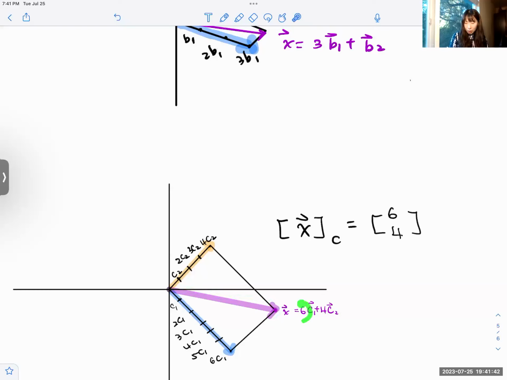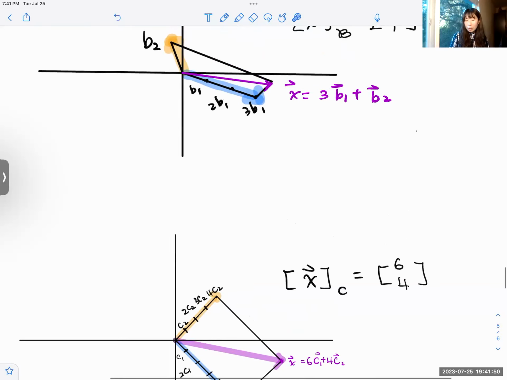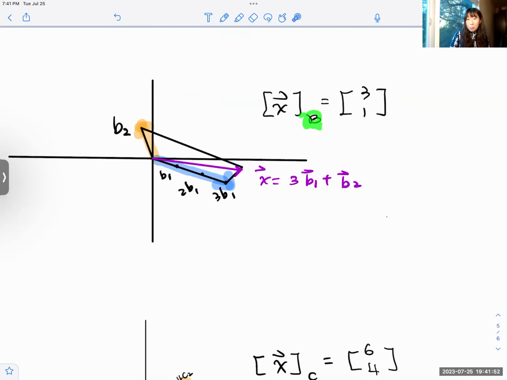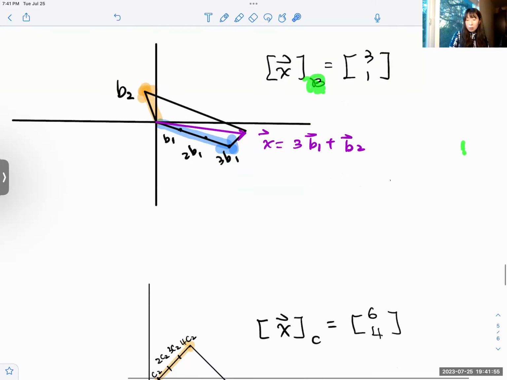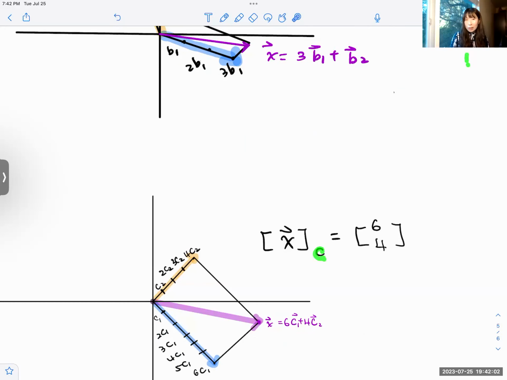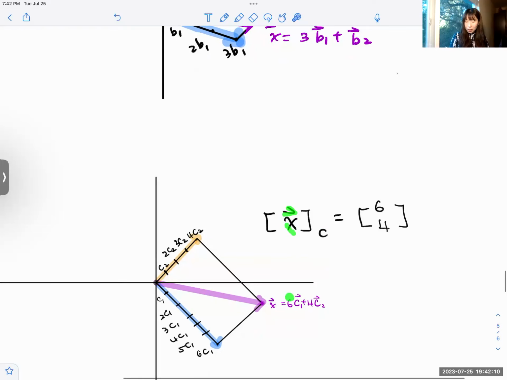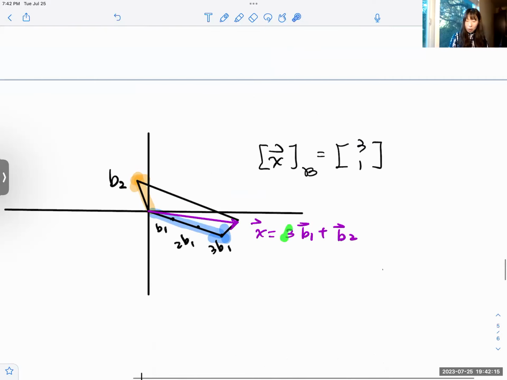So we say that we are using just the scalar coefficients for the base B, right? So the B coordinate vector of x, right? So we read this one as the C coordinate vector of x. Here we are using just coefficients 6 and 4, right? Here we are using just coefficients, which are 3 and 1, right?